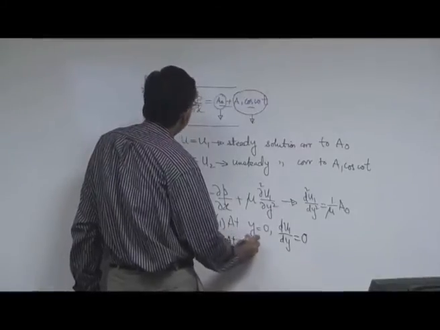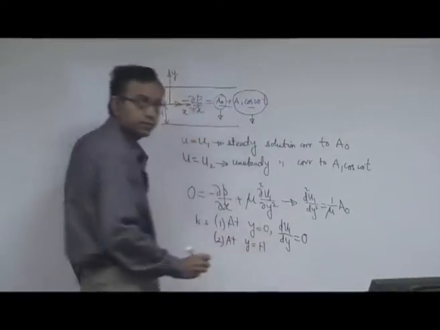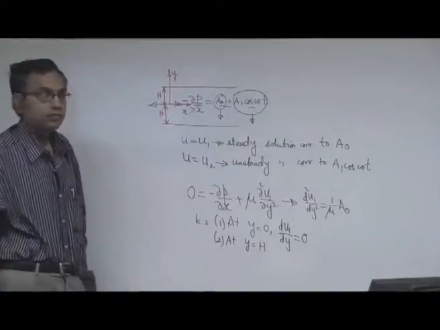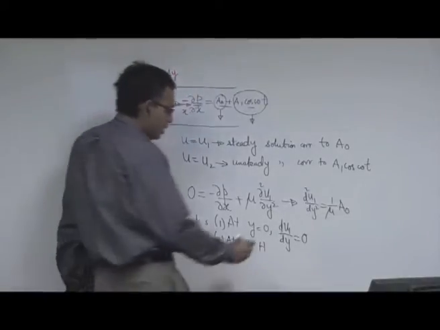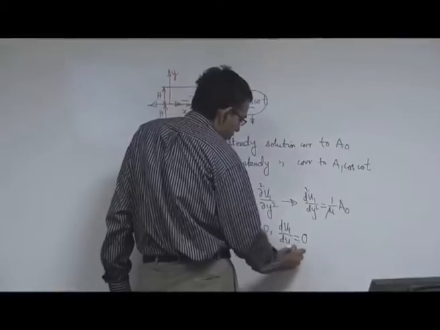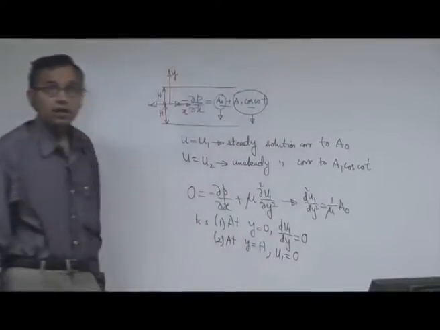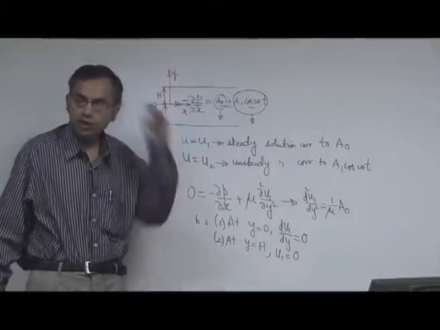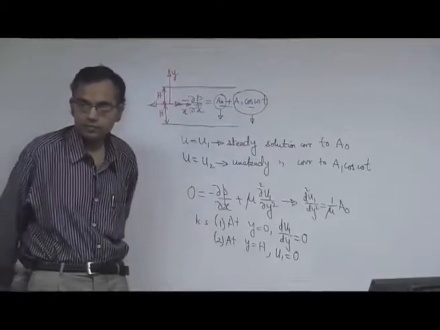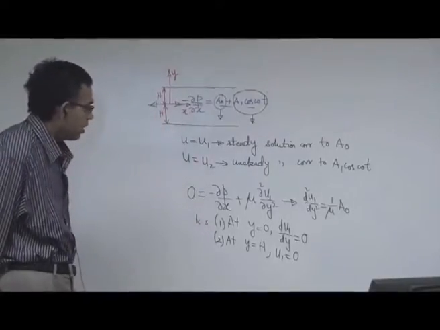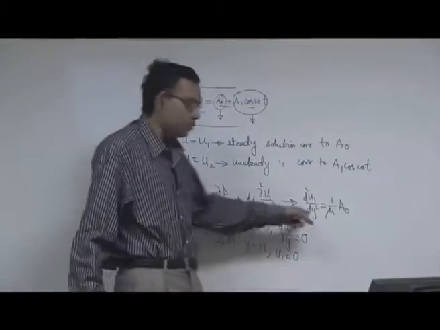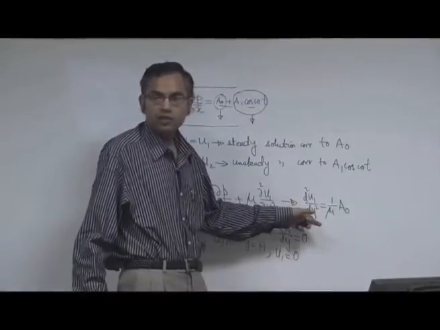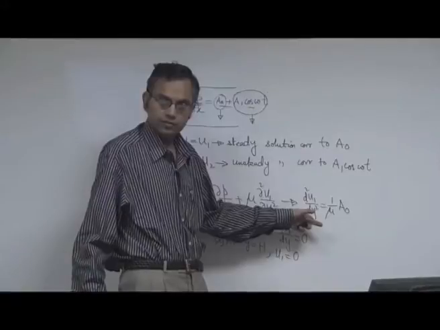And at y equal to h you have u1 equal to 0, that is the no slip boundary condition. So, with these two boundary conditions you can straightforwardly get the solution of this equation.